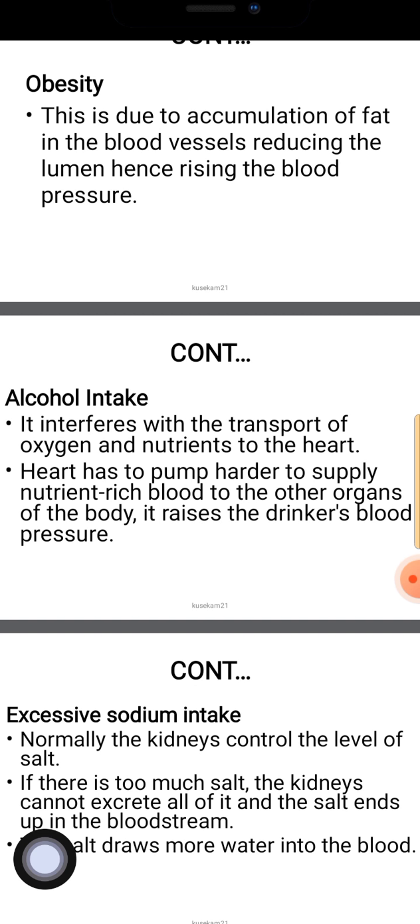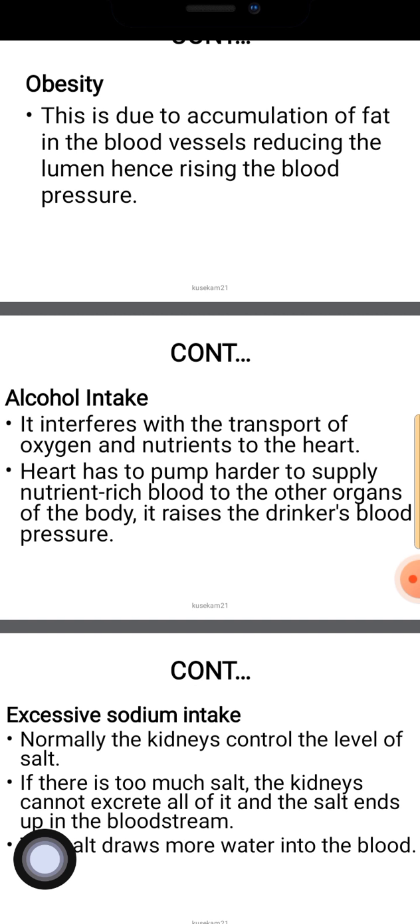The same applies when you are watering the garden with a water pipe. To increase the pressure, you would close the pipe slightly, so that the water does not come out too much. So apply that practical in this one. If there is accumulation of fats in the blood vessel, it means there will be increased blood pressure because the lumen will be narrowed.